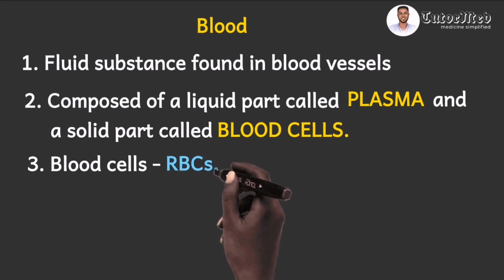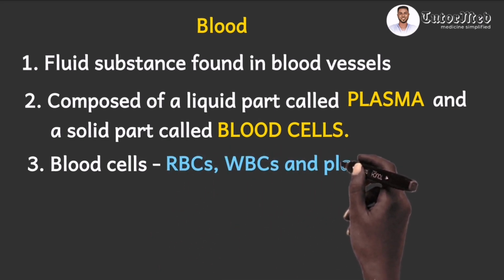We have the red blood cells, based on the color, the white blood cells, and the platelets. The red blood cells are responsible for carrying oxygen and carbon dioxide in hemoglobin around the body. I wanted to say it carries it in the hemoglobin molecule. Then we have white blood cells which fight against diseases, and platelets which help in blood clotting.